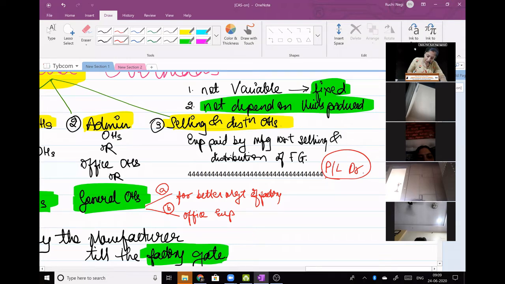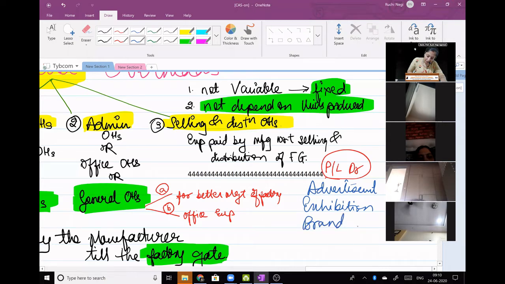So I'm writing here the first example I gave you, advertisement. Then your exhibition expenses. You do exhibition for promotion of your sales, so people know about your goods and they are sold. Then brand ambassador expenses.